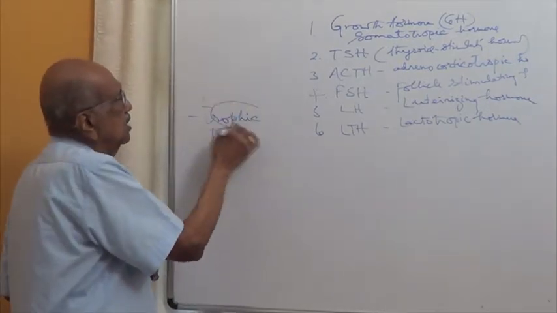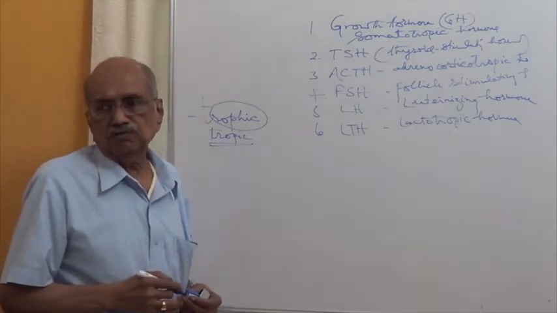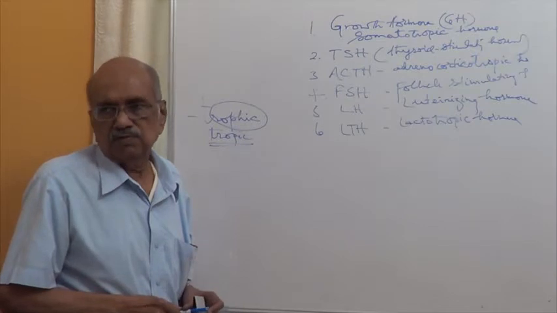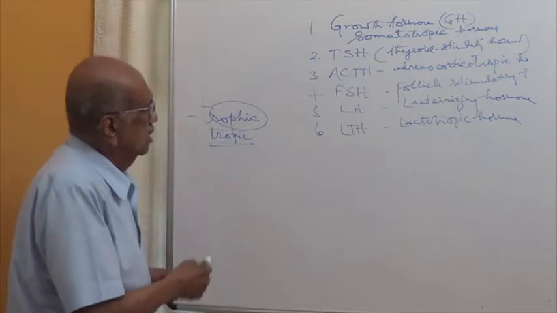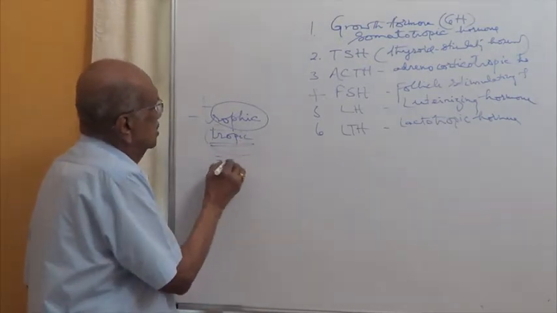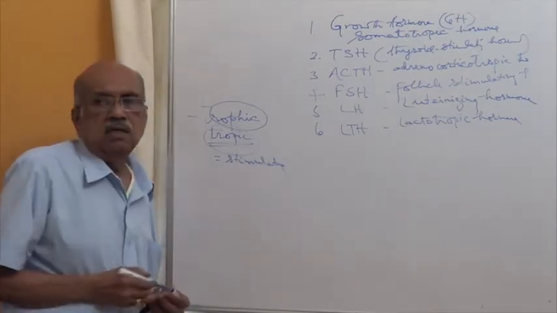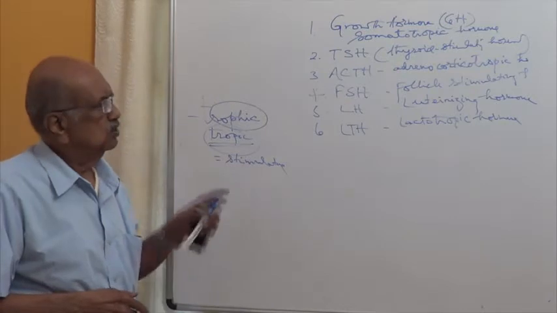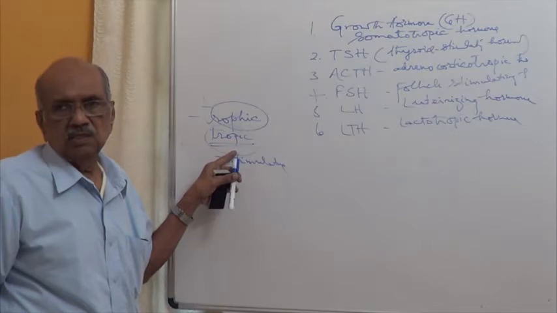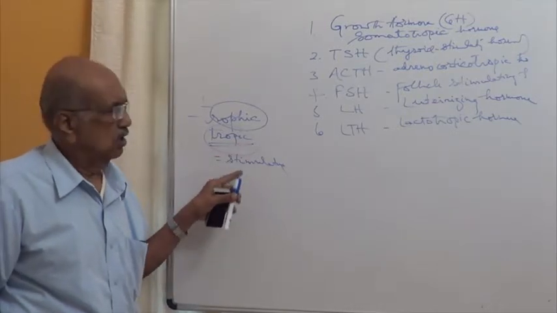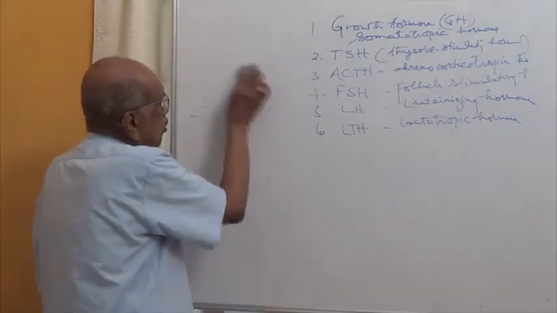This trophic would mean nutrition, as you have heard about autotrophs and heterotrophs, chemotrophs, etc. It may indirectly mean that tropic is stimulating. Many textbooks use this spelling and a few textbooks use this spelling. I think I prefer this because those are the stimulating factors. Trophic and tropic.